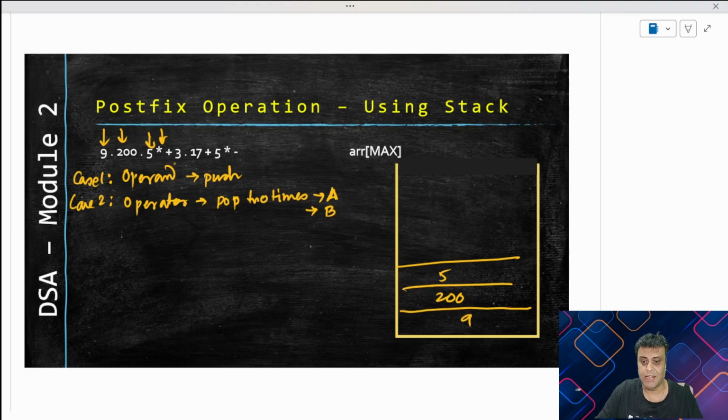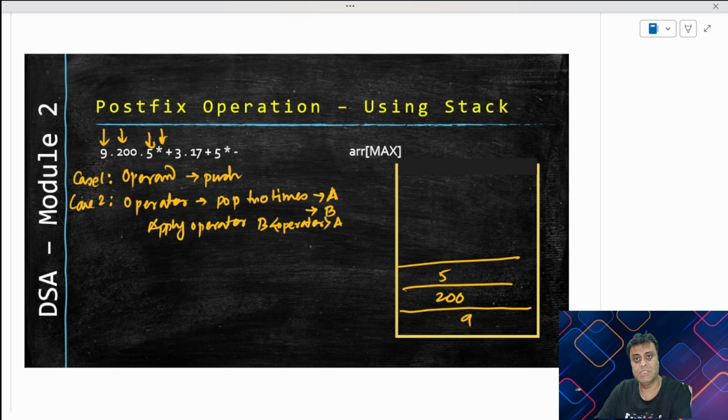So apply that operator, which was plus, or the operator which was my star here, right, with B and A like this.